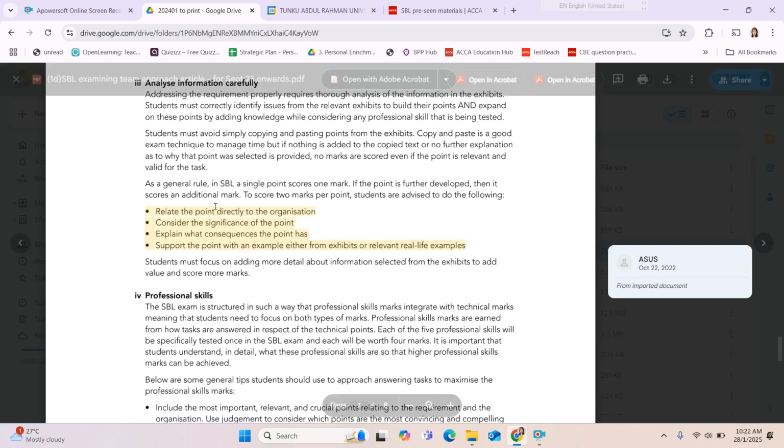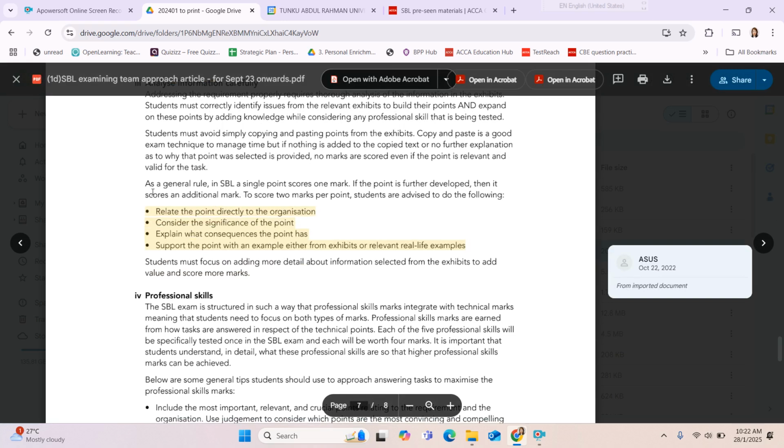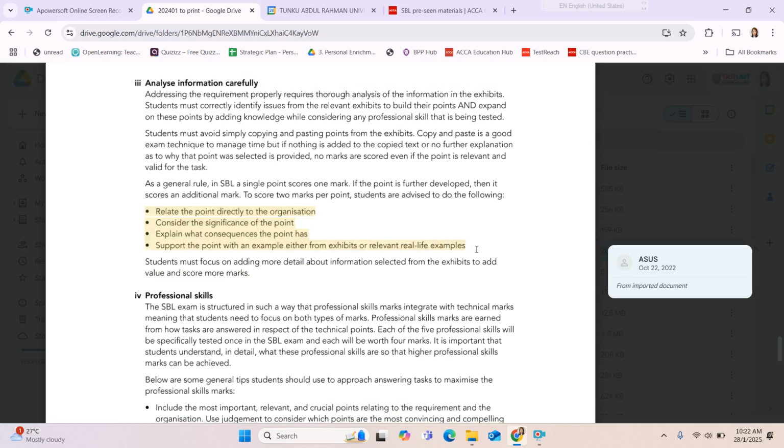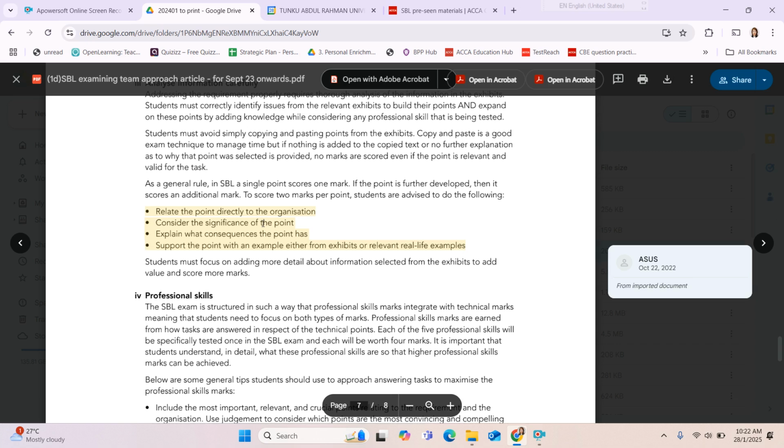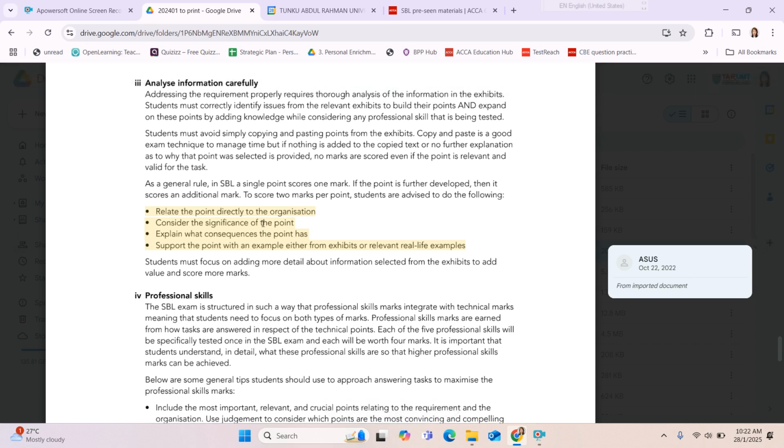Then how to develop the point? Just now I mentioned you have to develop the point. So how to do it? To score 2 marks per point, you are supposed to do this. You are supposed to relate the points directly to the organization. Consider the significance of the point. Like if you want to write an idea, why is your idea important that you need the board of directors to know? So you have to tell the examiner about this.